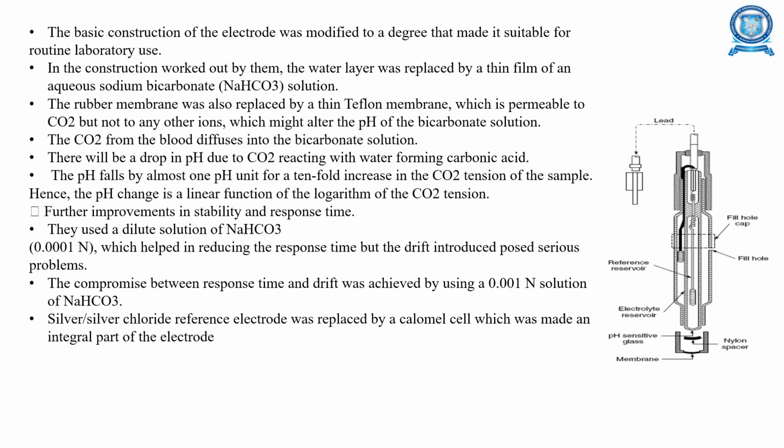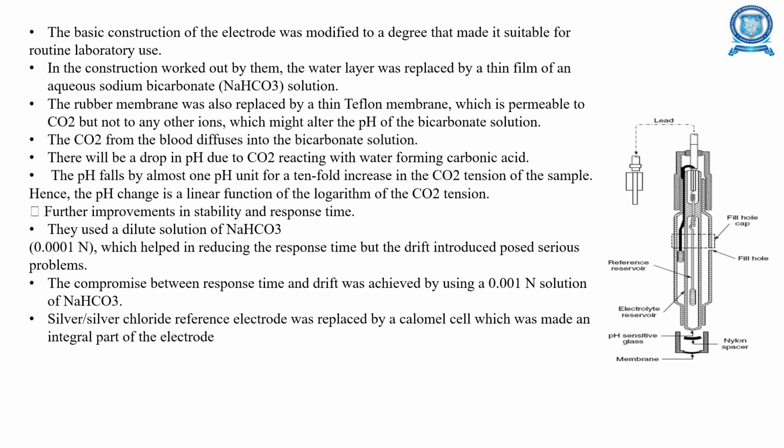In the construction worked out by them, the water layer was replaced by a thin film of an aqueous solution, sodium bicarbonate solution, and the CO2 from the blood diffuses into the bicarbonate solution. The pH falls by almost 1 pH unit for a 10-fold increase in the CO2 tension of the sample.